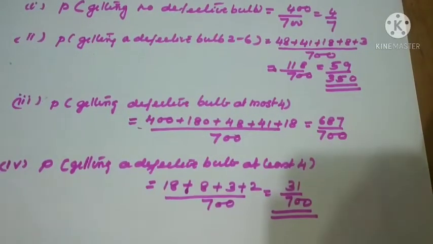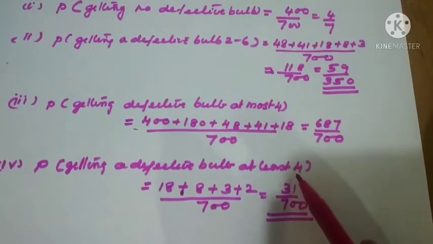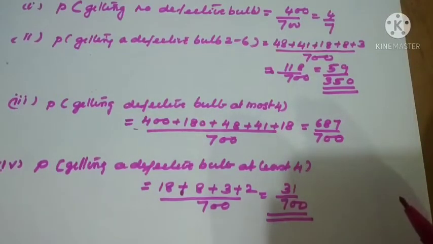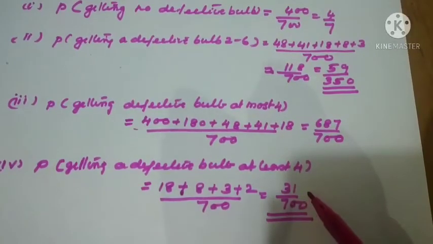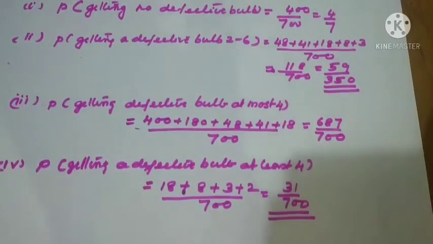So we got the frequency 31 against at least 4, because 4 and more than 4 are possible. So corresponding frequencies we have added here and we got 31. So probability means 31 by 700. Like that, all the questions we have completed for this question. At least and at most are common in the annual examination, so practice such type of questions.